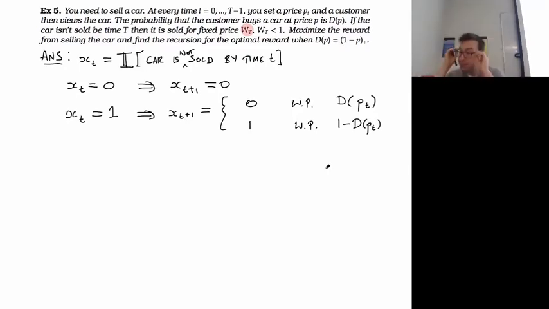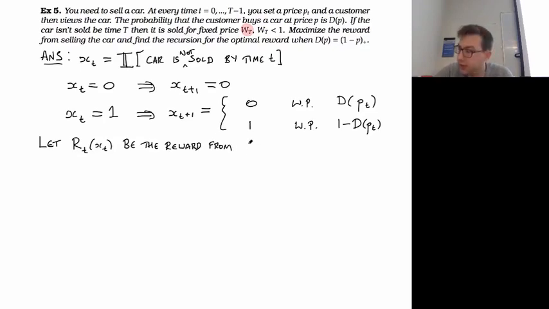Okay. We're going to let R_t(x_t) be the reward from t to capital T given x_t.